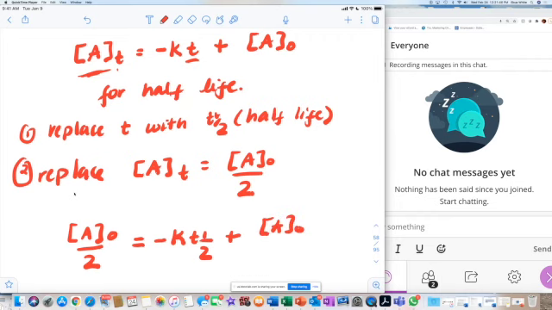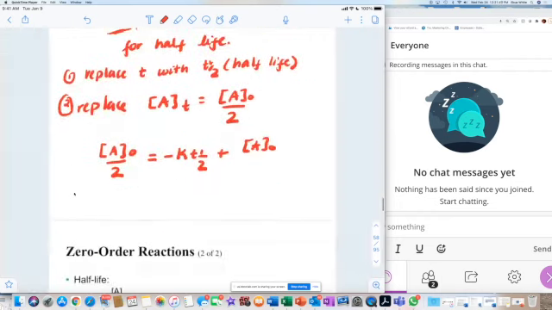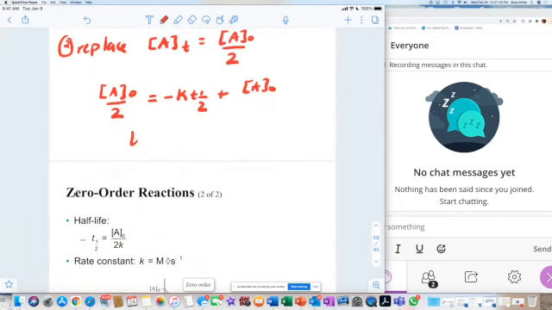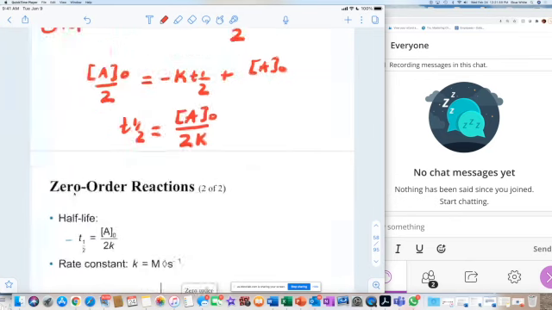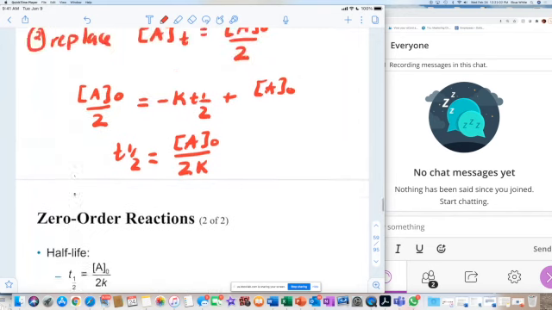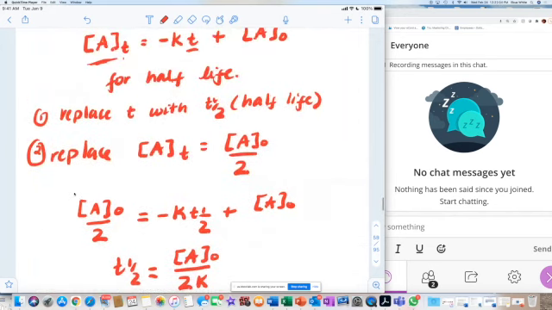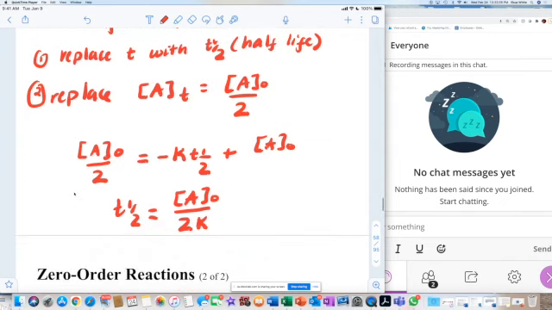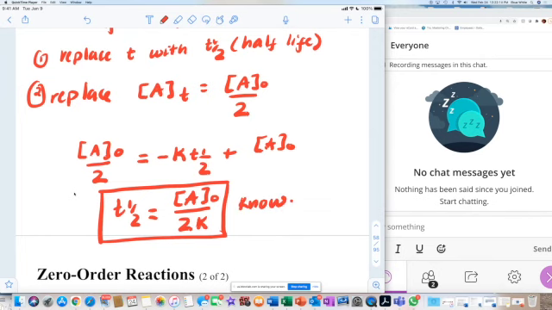Then you work this out, rearrange the equation, and then this magically works into T1/2 is equal to A naught over 2K. So here's the thing. For this section here, you don't need to know how we got from this to this, but you need to know the half-life equation.